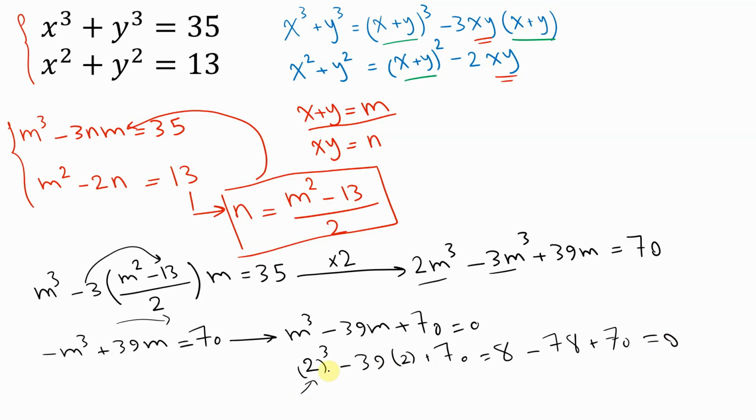So if 2 is one of the roots for this equation, I can use division, dividing this cubic equation by m minus 2 and find the other roots as well. So here again, this is our formula, m cubed minus 39 times m plus 70. You can divide this equation by m minus 2.